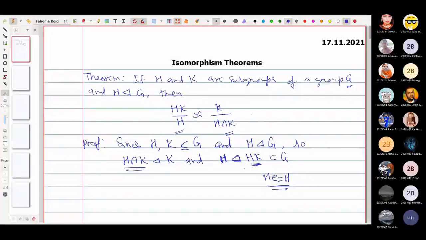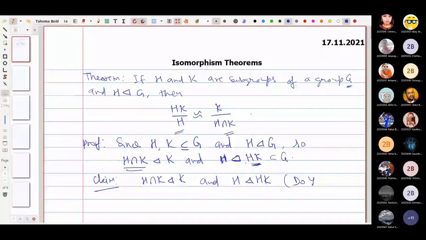If you wish, you can verify these conditions. I hope you remember how to prove that a subgroup is normal in a group. That is a matter of some practice. So I'm writing, you can prove it: H intersection K is normal in K, and H is normal in HK.